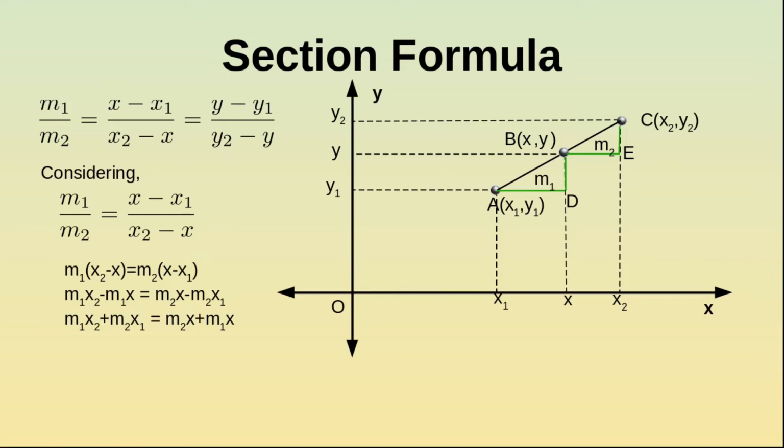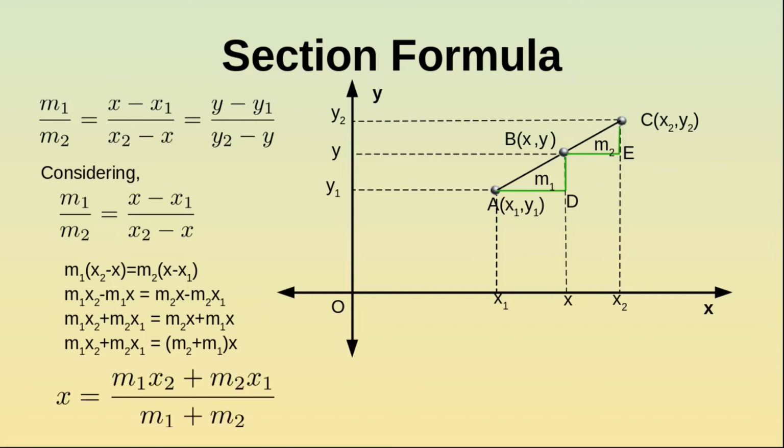Putting all the terms associated with x on the right hand side, on further simplification, M1 x2 plus M2 x1 is equal to (M2 plus M1) into x. So, from this we can easily see that x is equal to (M1 x2 plus M2 x1) divided by (M1 plus M2).